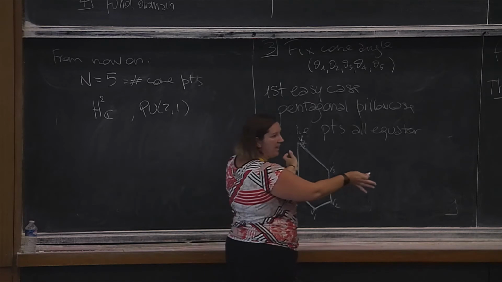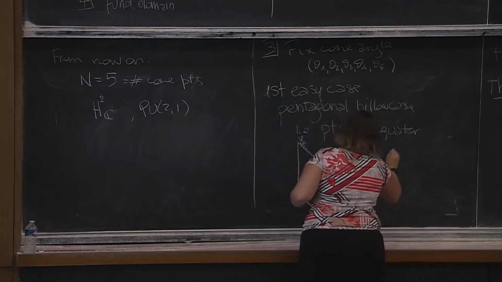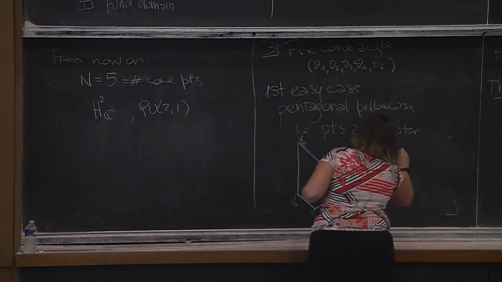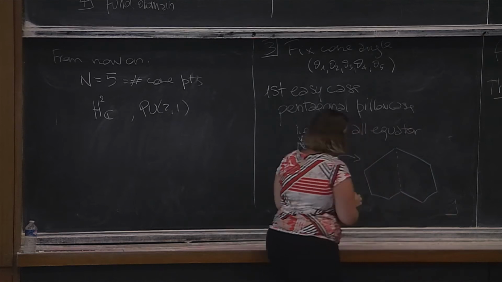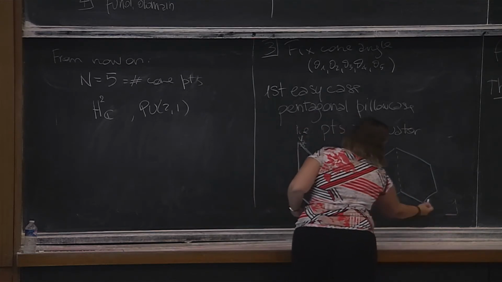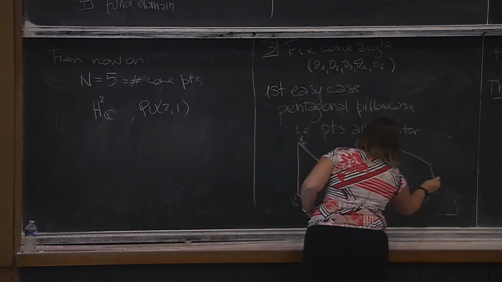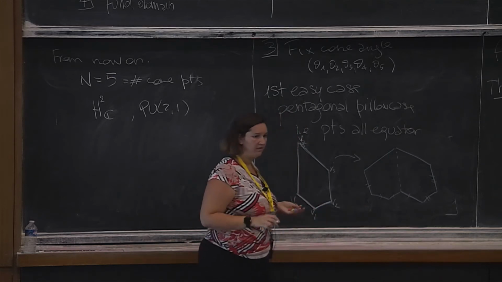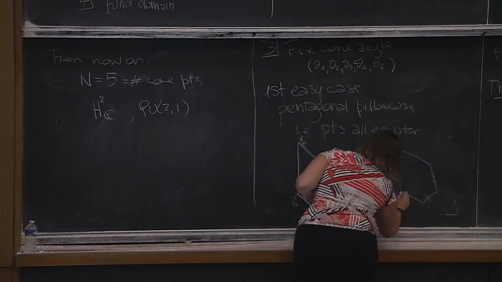Then we open it up and flatten it down on the plane. So we would get something like this, from which we can recover the cone metric by gluing this side on this side, and this side on this side, and the last two together. And now I continue these lines.